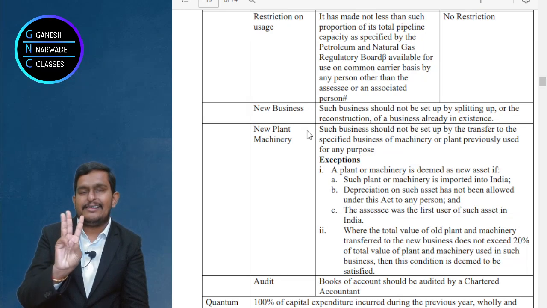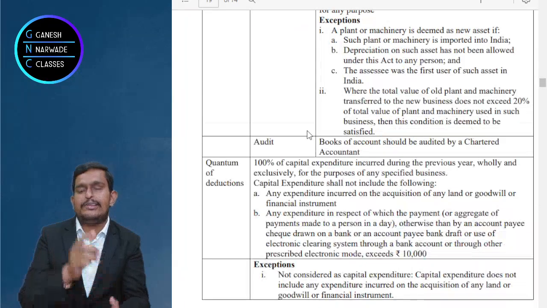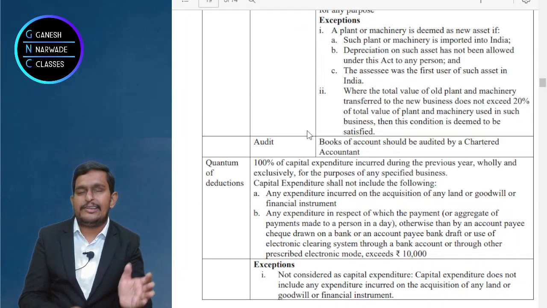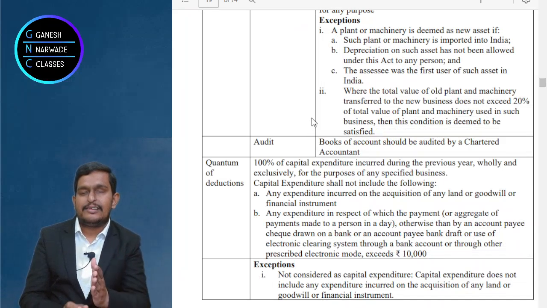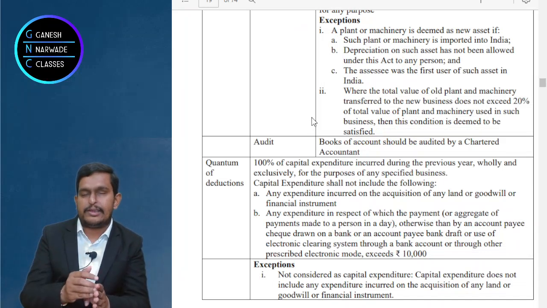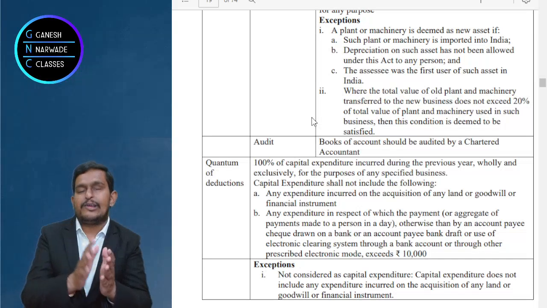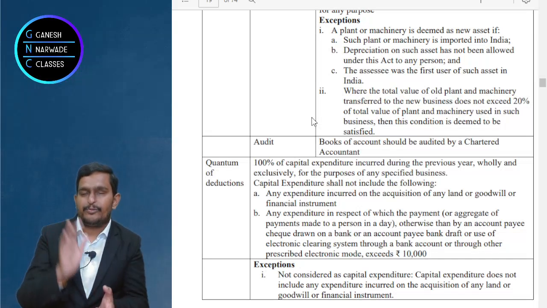If these three conditions are satisfied, even though it is second hand, even though it is already put to use in the foreign country and now we are putting it to use in India, still you can claim the deduction, not an issue.